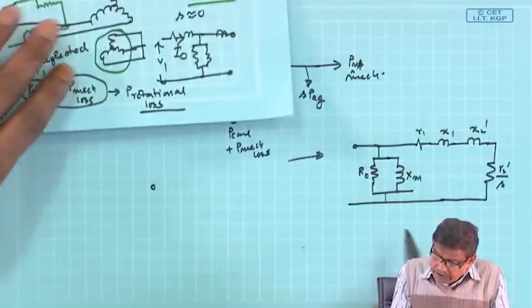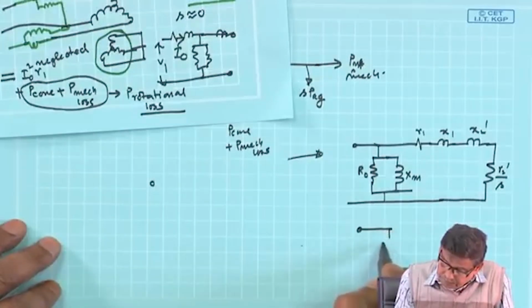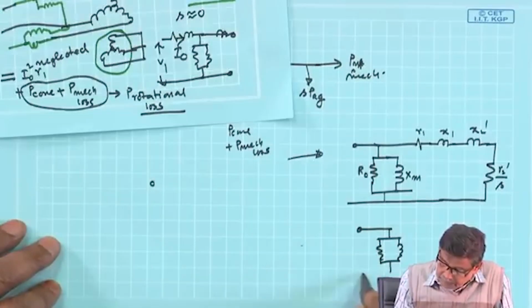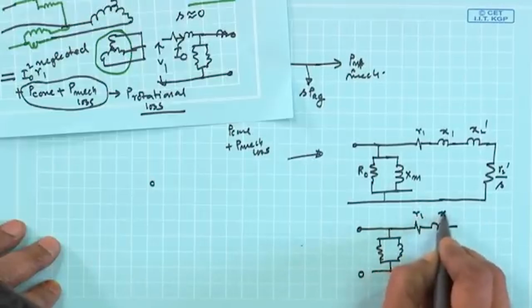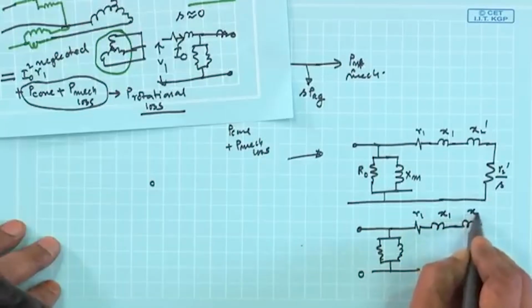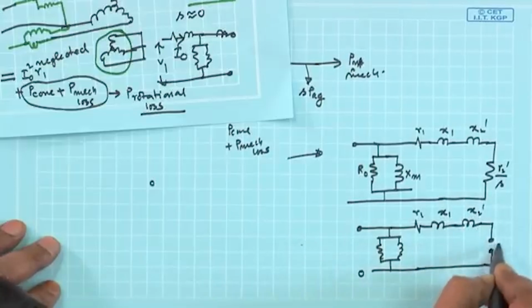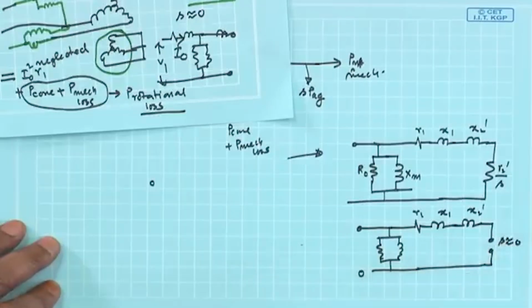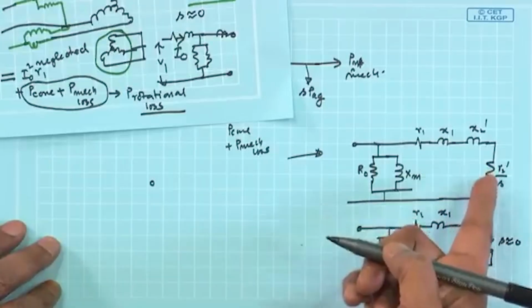Therefore, under no load condition, this circuit will be somewhat like this. These things are okay, I am not neglecting anything, X2 dashed, and this is open, S is close to 0, and at full load condition this is the circuit, S equal to full load.